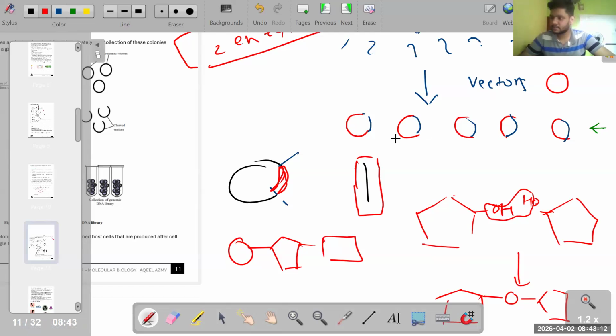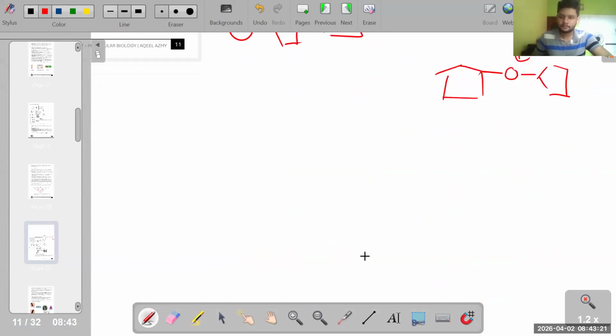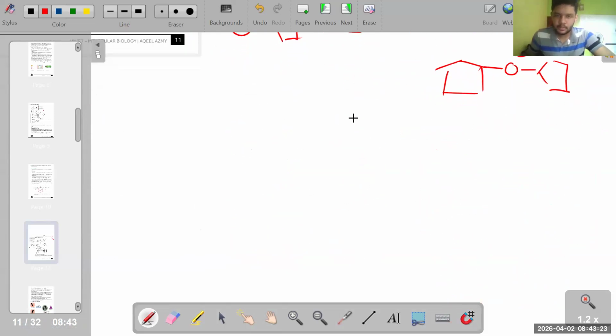Recombinant vectors, right? These are the recombinant vectors. I'll take four, right? So there are four recombinant vectors.